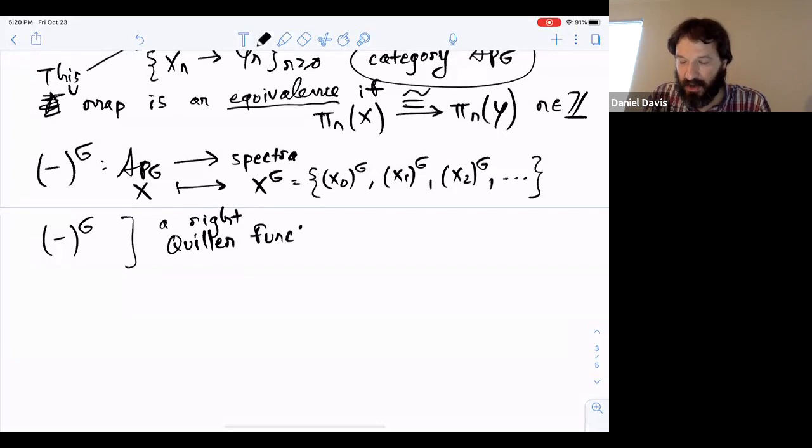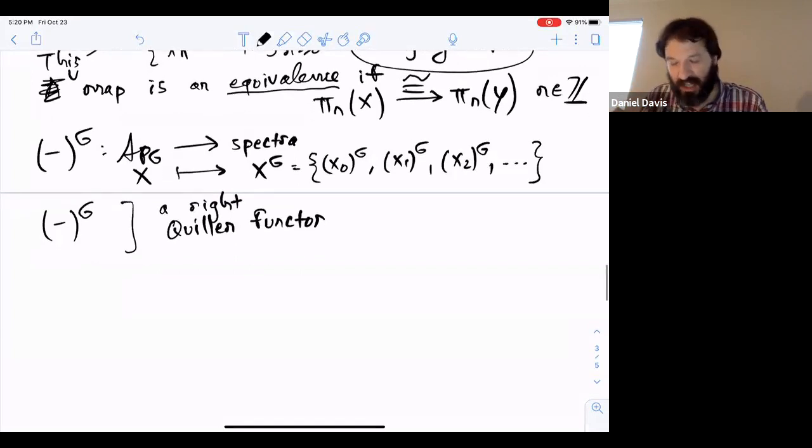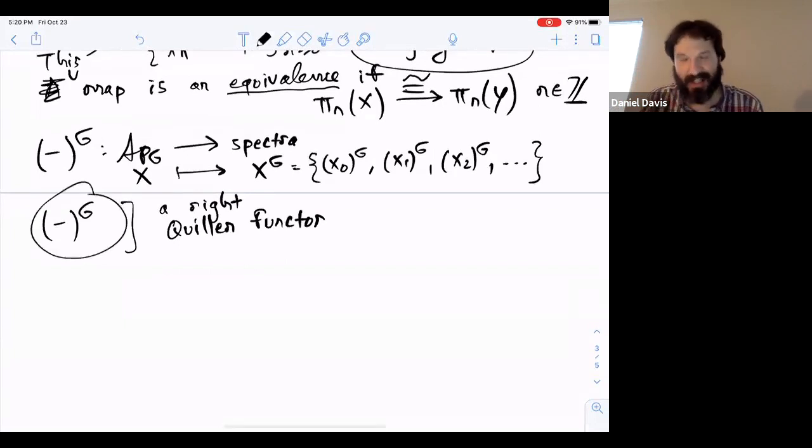So there's a model category structure here, and this right adjoint behaves well with respect to special maps called fibrations, and so it behaves well with respect to fibrant objects also. So this functor has nice properties.